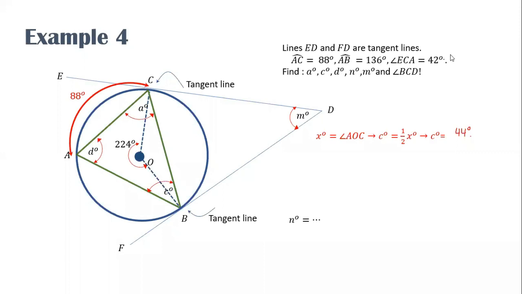Next, arc AB is 136 degrees. This is the diagram. Arc AB equals the angle at center AOB, right? And of course, the angle at circumference is here. Is it clear to everyone?